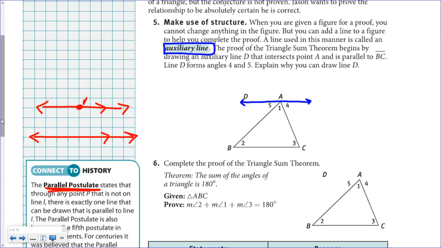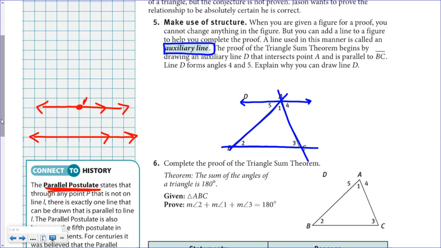So some things to think about before we go to our proof in just a moment. If we have these parallel lines, what kind of angles are formed? When we add this line, we have a transversal. We have another transversal over here. What are some angle pairs that are formed by those lines? If you have parallel lines, you can look at your angle pairs.